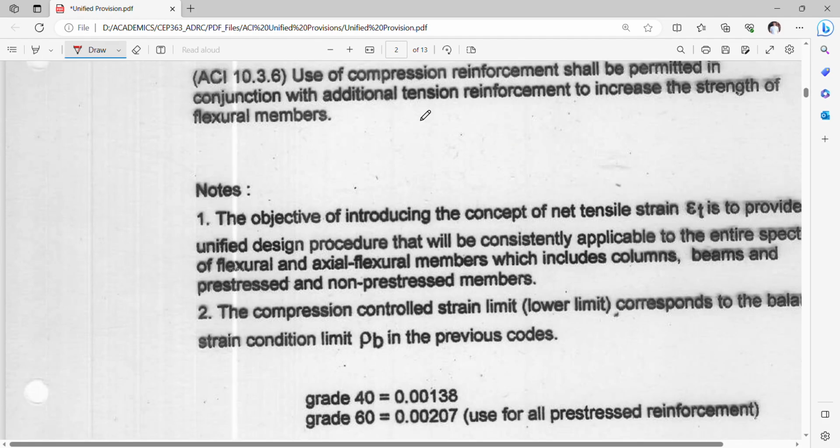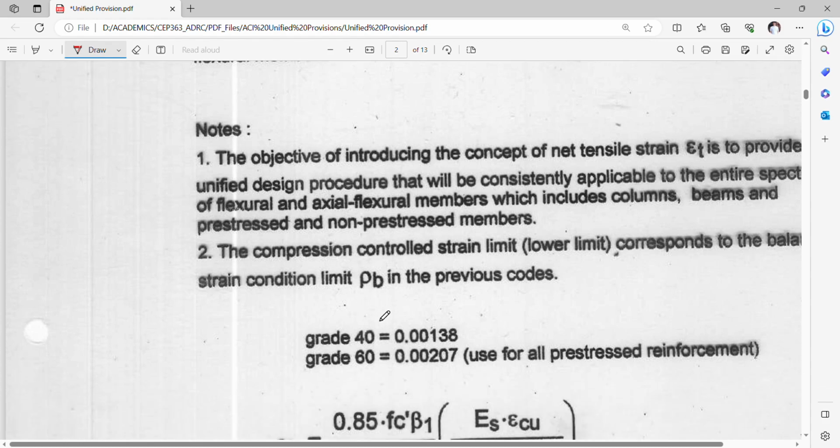Note that the objective of introducing the concept of net tensile strain is to provide a unified design procedure that will be consistently applicable to the entire spectrum of flexural and axial flexural members, which includes columns, beams, and pre-stressed and non-pre-stressed members. The compression control strain limit, or the lower limit, corresponds to the balance strain condition limit drawn in the previous codes.